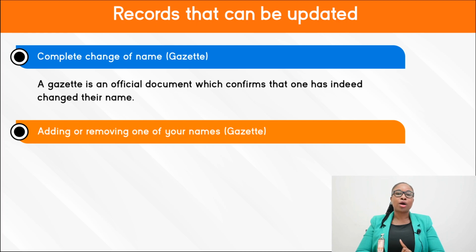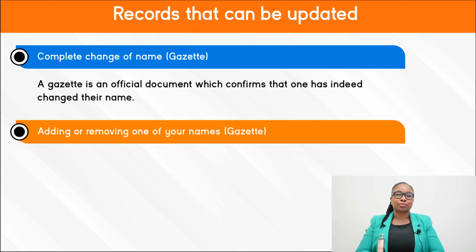However, the law gives you the right to change your name completely, but you need to support this change with a gazette. A gazette is any official document that confirms that one has indeed changed their name. Also, if you want to add a name or remove one of your names, you still need a gazette.